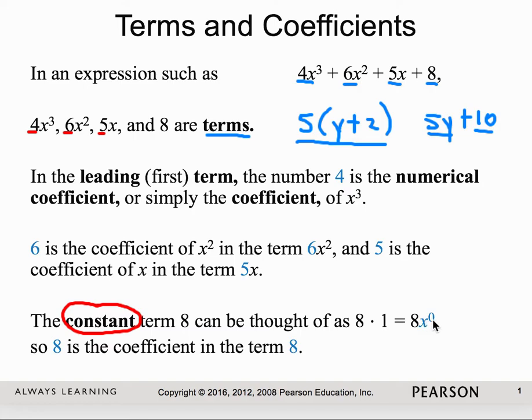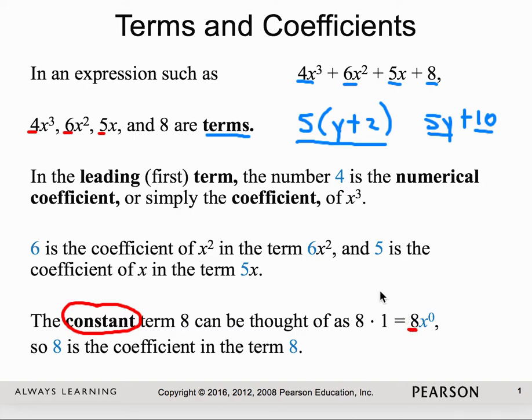Remember from the last section we said anything to the 0 power is 1. So really it could be thought of as having an x to the 0 as its variable part. Then it could also be considered the coefficient of that term, but a lot of times we'll just call that the constant term.